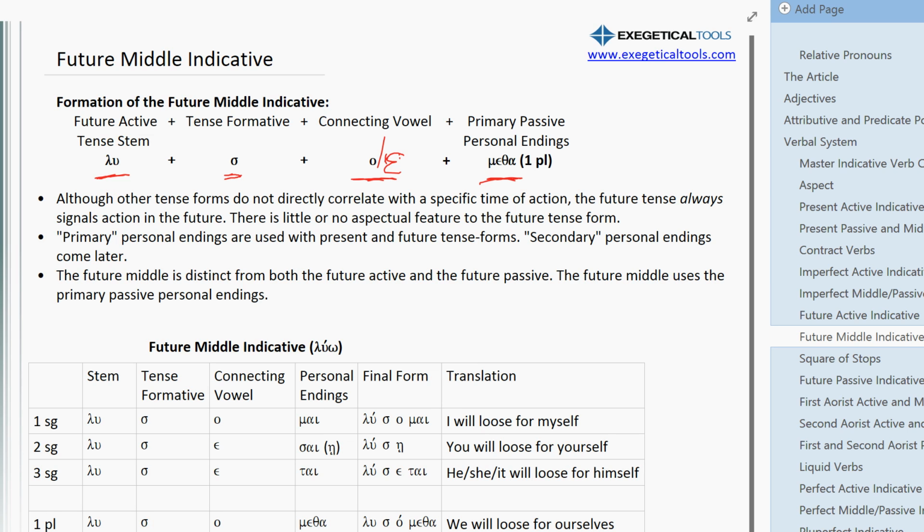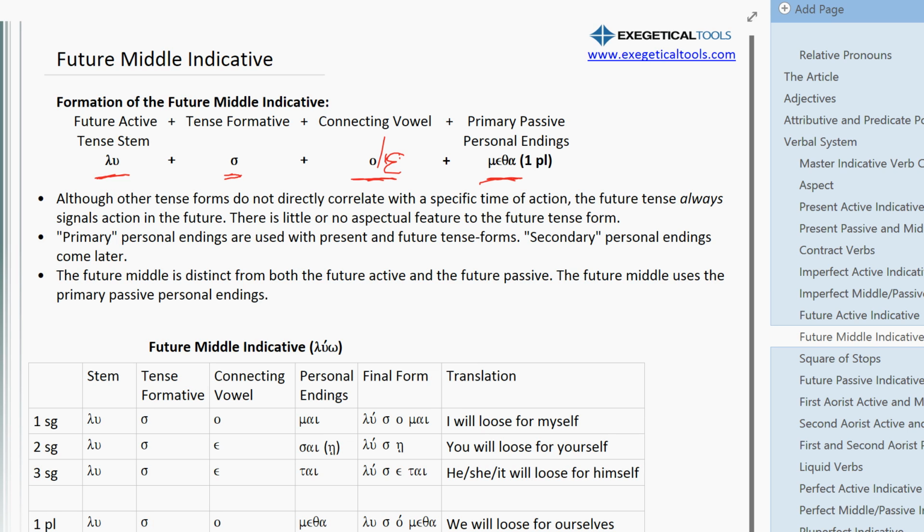It just presents it as being future time. And we're still using the primary personal endings that are used with the present and future tense forms. The secondary personal endings will come later with tense forms that are more past oriented or where they're presenting the action as more remote.